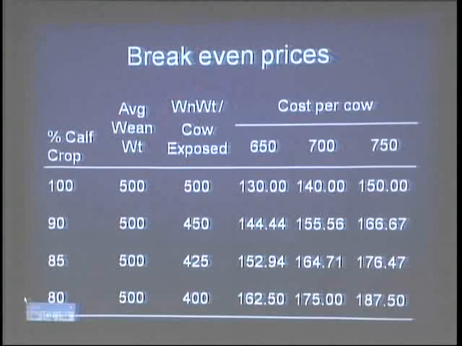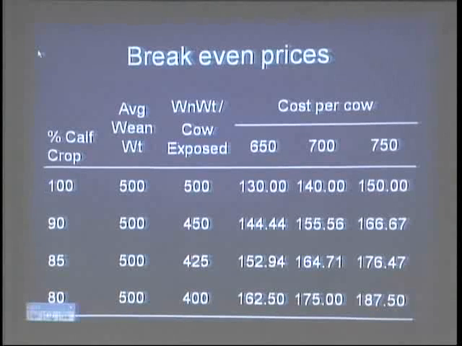And we see our weaning weight per cow exposed, and if you're sharp with your math, you see that weaning weight per cow exposed is that weaning weight times the percent calf crop. And over here we're looking at 3 different costs per cow, from $650 to $750.